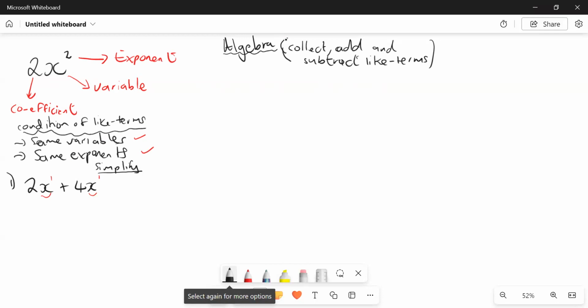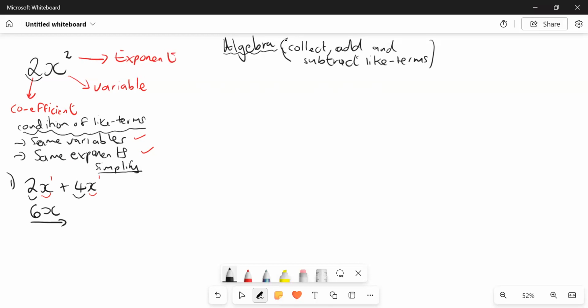So how do we add or subtract these like terms? You only focus on coefficients. Remember, we said coefficients are the number in front of the variable. So we say 2 plus 4, we get 6. Which variable are we dealing with? We're dealing with x because x is common. So you need to write x in your final answer. This is your final answer.